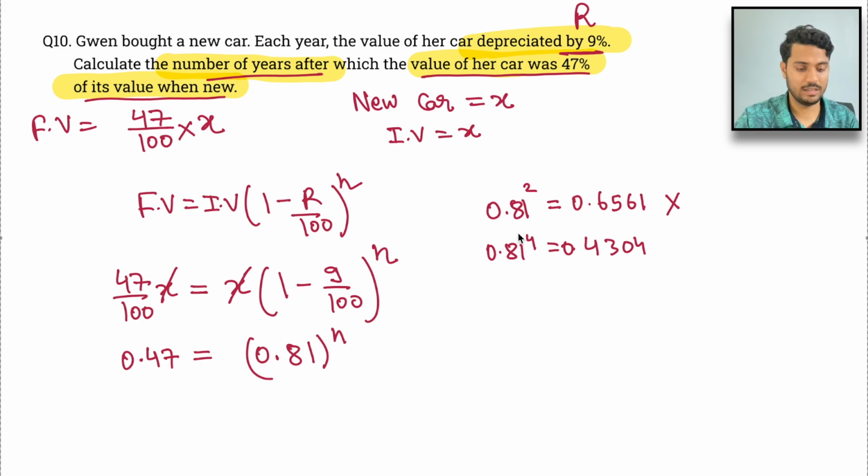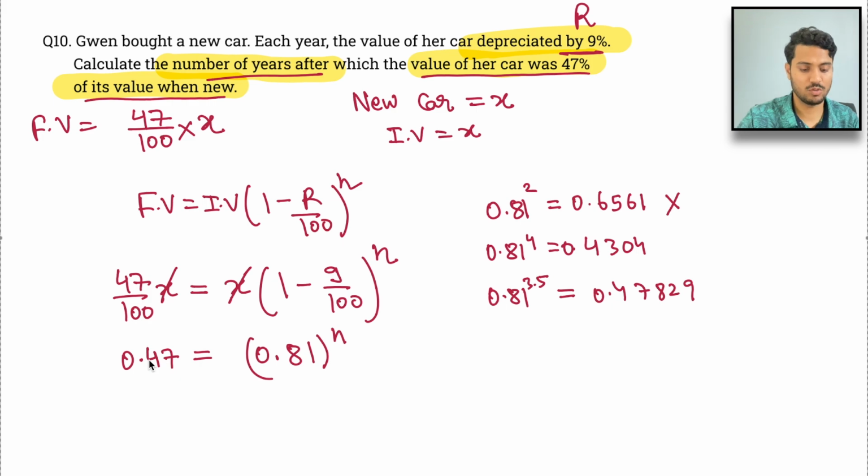So try to increase this. Instead of 4, let's try 3.5. Okay, so when I am doing 0.81 raised to 3.5, I am getting precisely 0.47829, which is close to this 0.47.